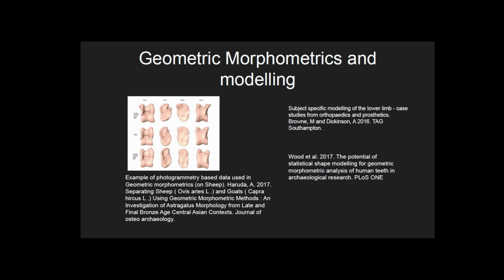There's a lot of advances in other types of data analysis, again, largely with off-site material, both in human and animal remains, bringing in morphometrics, looking at large studies of large populations, large collections of data, but also in the medical sciences, where collections of 3D data is being used for modelling, as in predictive modelling, or to improve orthopedic prosthetics.